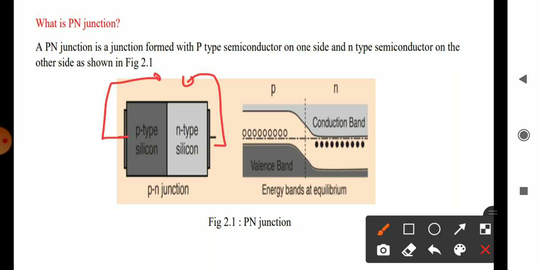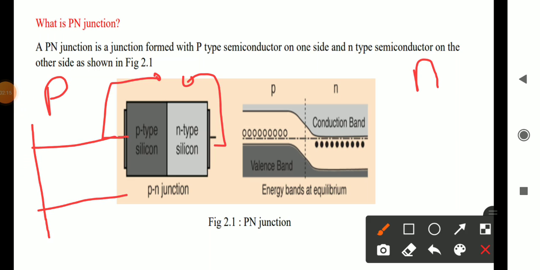Before studying the energy bands, recall that we already studied the conduction band and valence band, and in between them an energy gap will be there. So how will the Fermi energy level be for a P-type material, and how will it be for an N-type material? Here, this is the valence band and this is our conduction band.